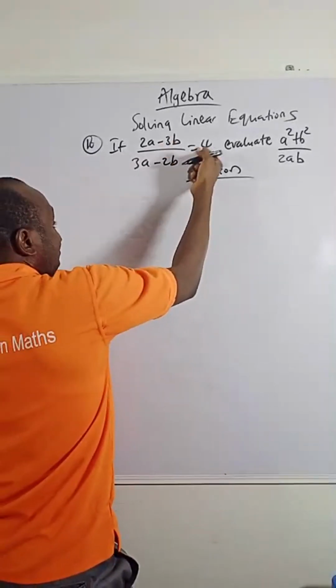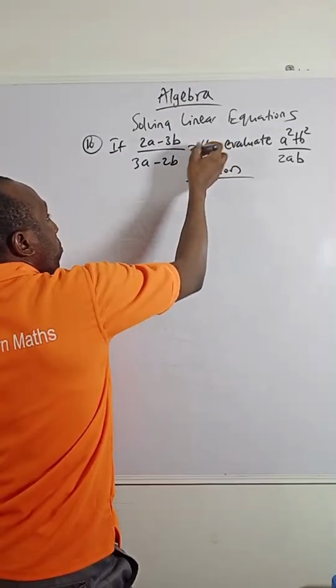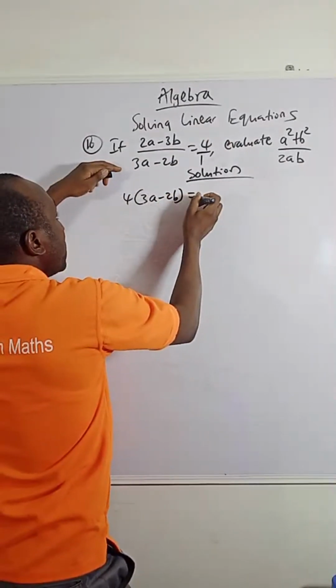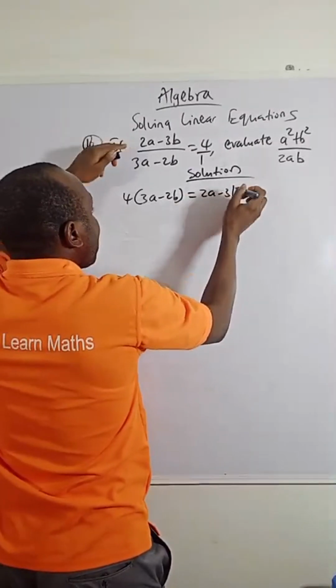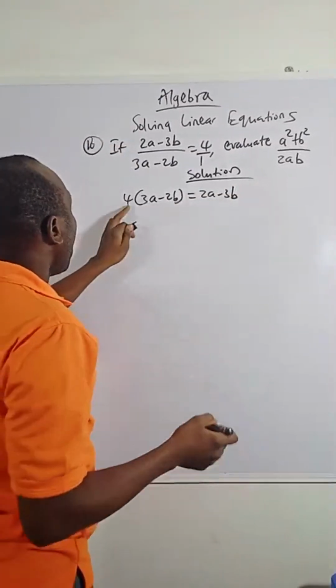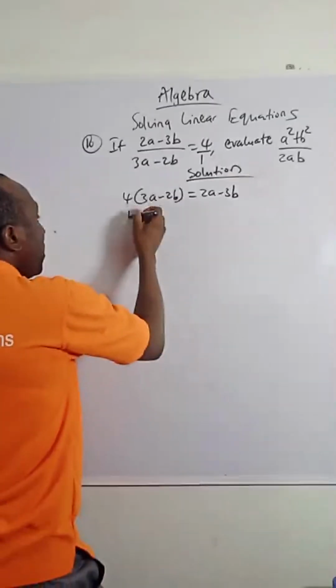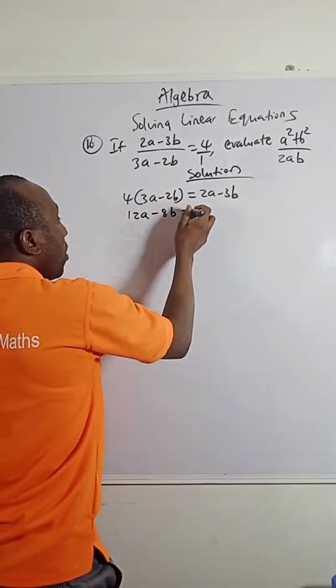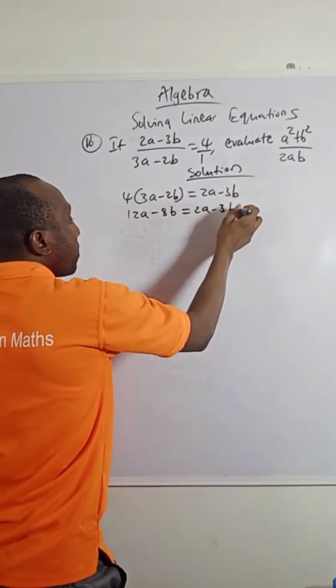Like we always do, I'll cross multiply. So you have 4 bracket 3a minus 2b is equal to 2a minus 3b. Let's expand this. 4 times 3a is 12a, and 4 times minus 2b is minus 8b, all equal to 2a minus 3b.